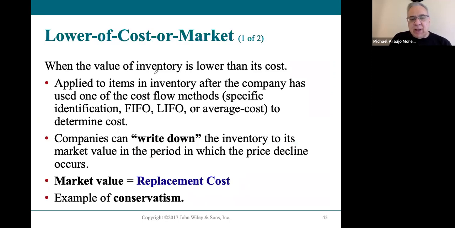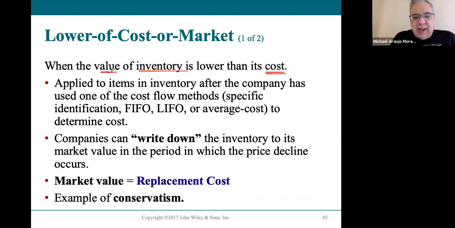So here's the issue. Inventory is an asset. We usually record our assets on the balance sheet at cost. However, sometimes the value of inventory changes, goes down. So basically, what we have to do before we put inventory on the balance sheet is to double check its real value.